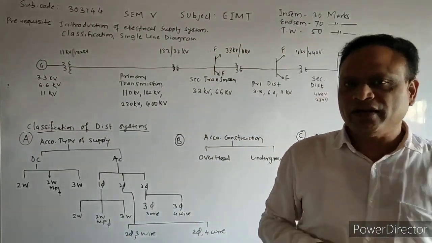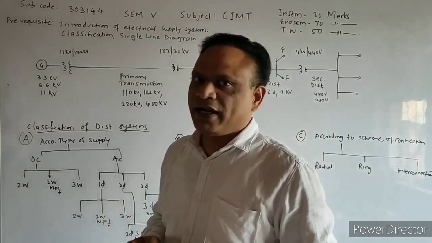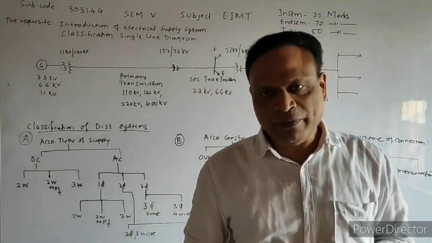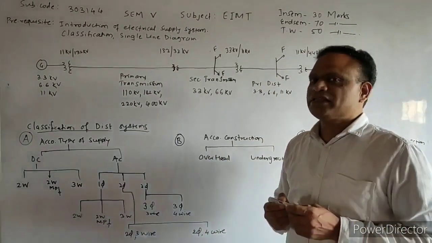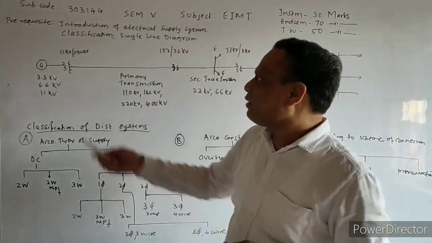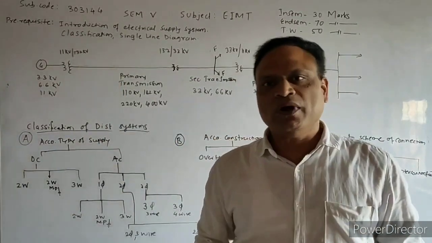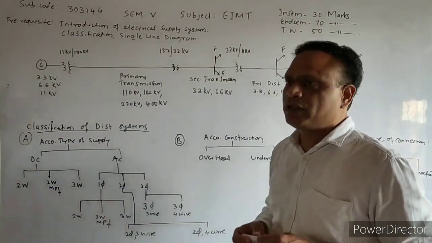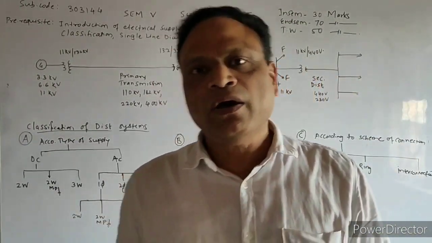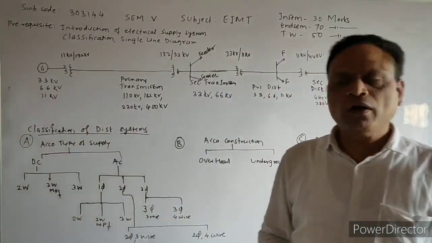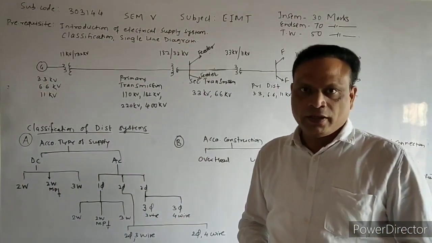For our understanding we have taken 11 kV. So at generating station the generated voltage is either 3.3, 6.6 or 11 kV, and it is stepped up with the help of step up transformer to very high voltage level, that is say 132 kV. So it may be 132 kV, or it can have a greater value as 200 kilovolt or 400 kilovolt.